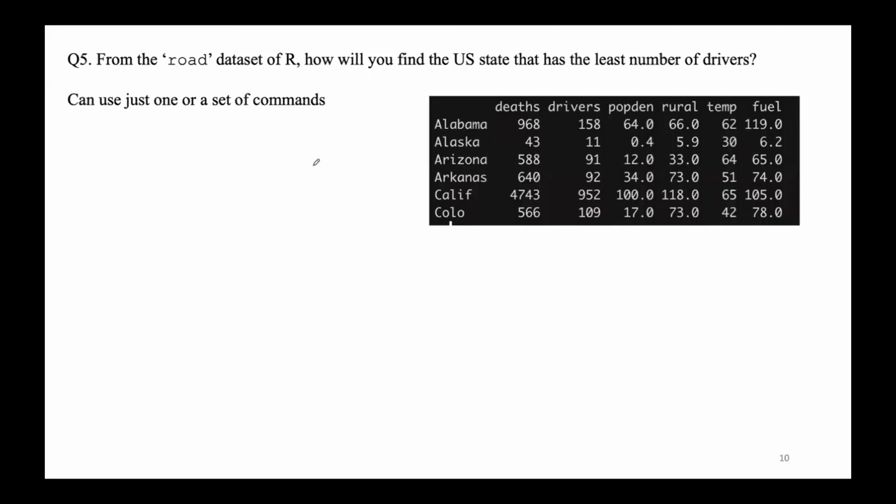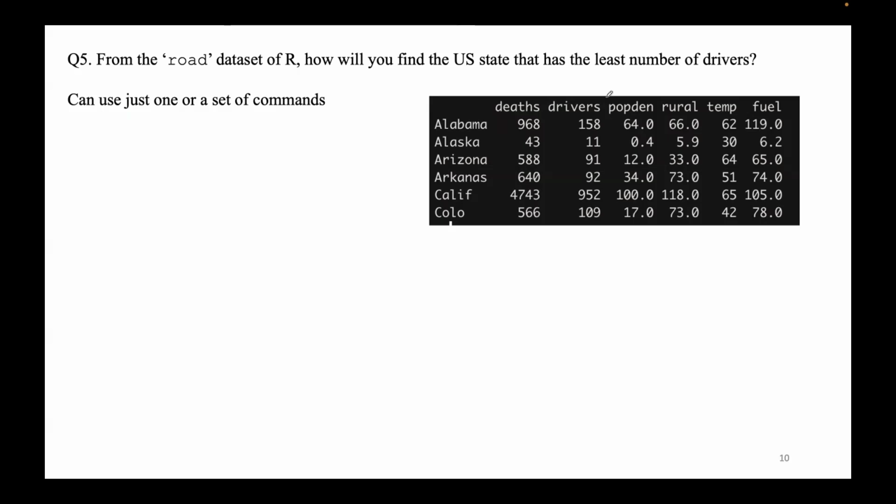Okay, perfect. I think this is the last question. We can take a look at this data set in R right now if you want. Basically the road data set in R is talking about different states of the US in terms of roadways, how many drivers there are, what the population density of that state is, different things.